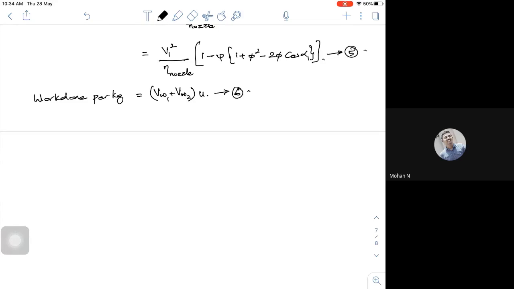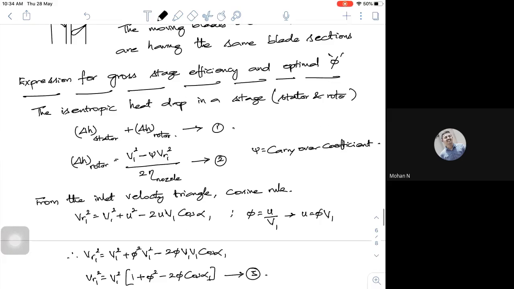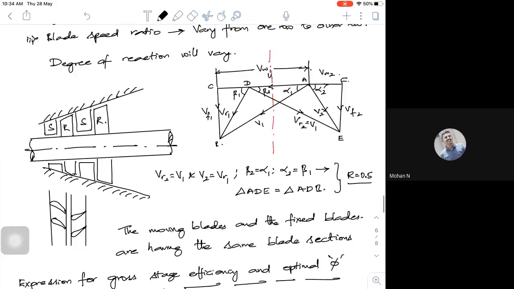Or we can simplify that also. What is my VW1? For the velocity triangle, I can write VW1 as V1 cos alpha 1. What is my VW2? I can write it in terms of cos beta 2. So I go to my velocity triangle here, I have my beta 2, and I want VW2.